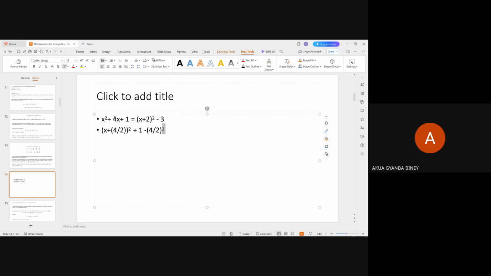Then you subtract that b over 2, squared, from the right hand side. So this whole thing here will now change to 2 squared. Now this 2 squared, you realize you get 1 minus 4. So this 1 minus 4 part is where the minus 3 is coming from.